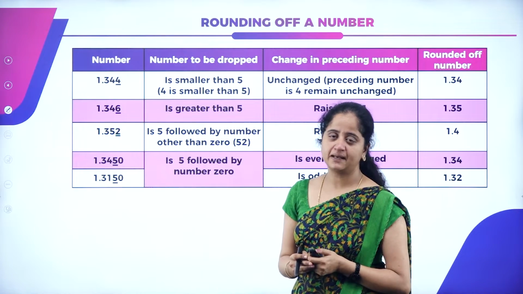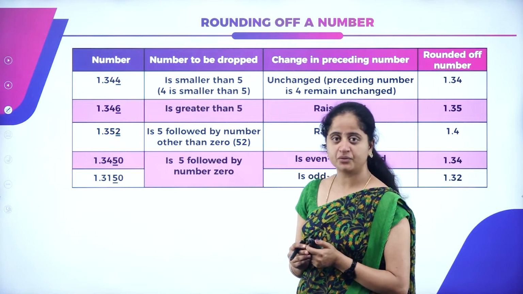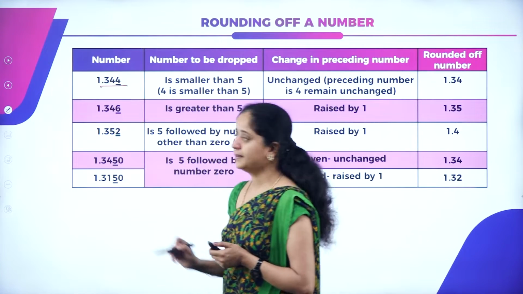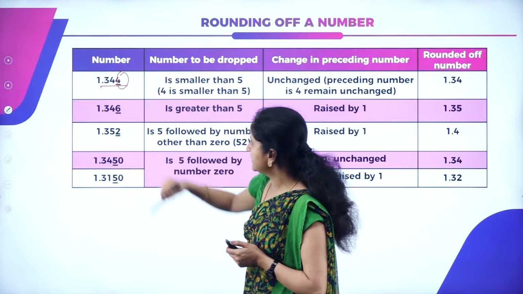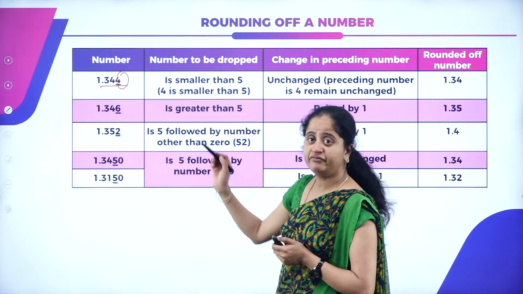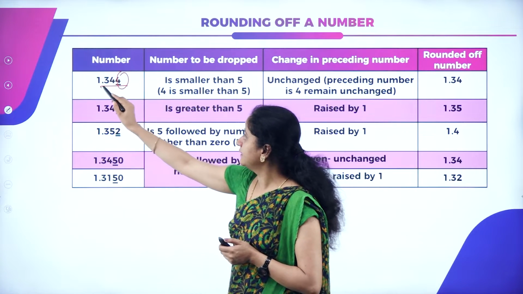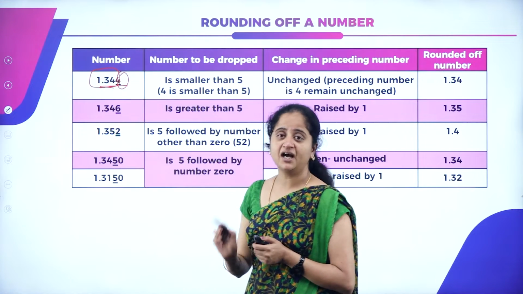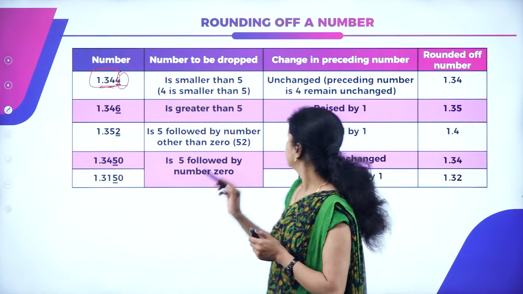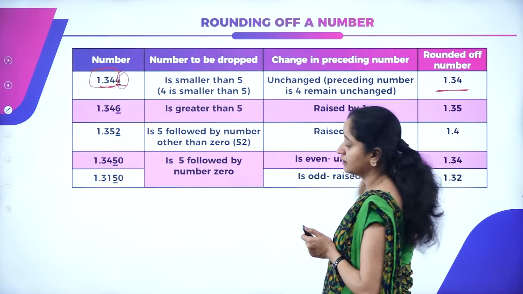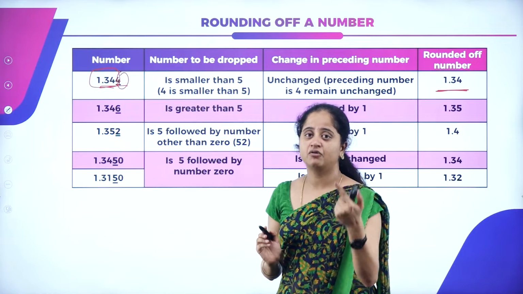So here are a few examples to understand the concept of rounding off. First one we have 1.344. You can observe here the number 4 which is less than 5. So if it is less than 5, then the preceding number is left unchanged, and the result I get is 1.34 after rounding off.